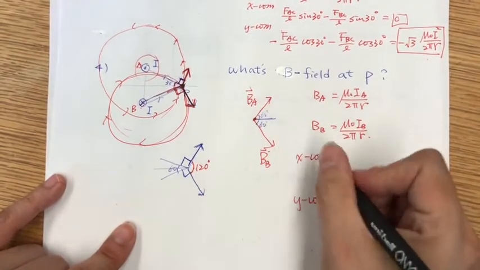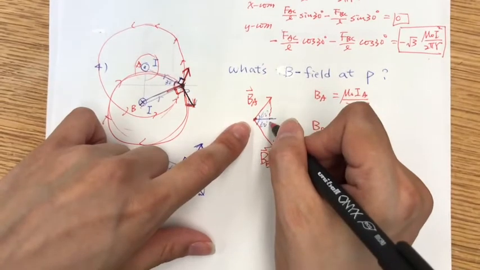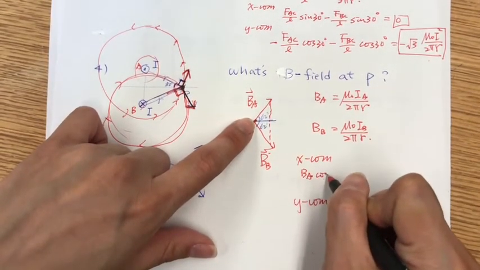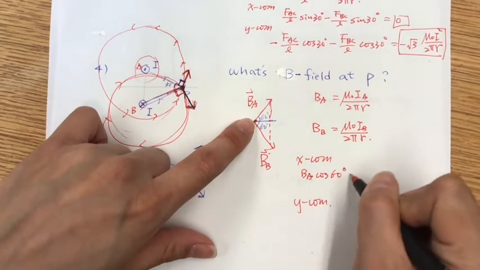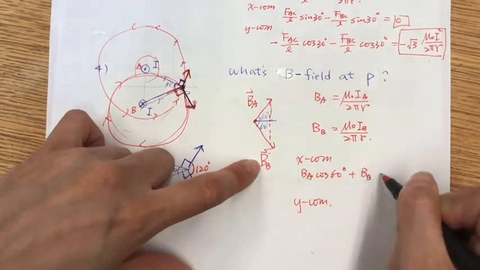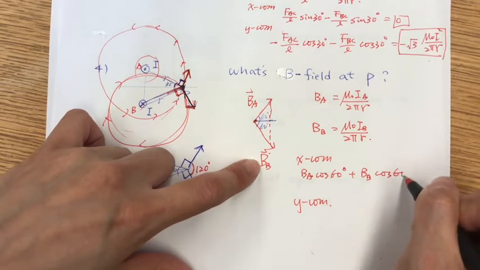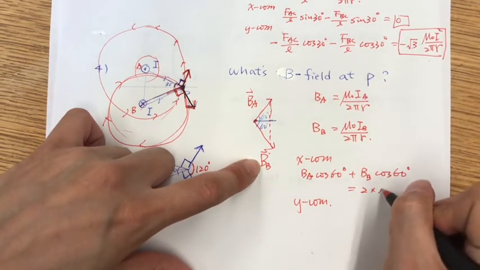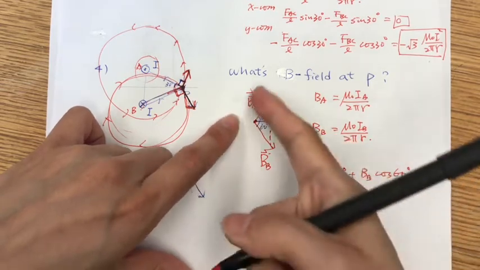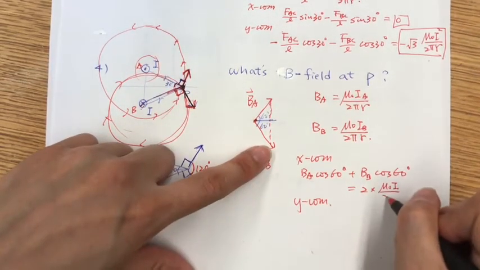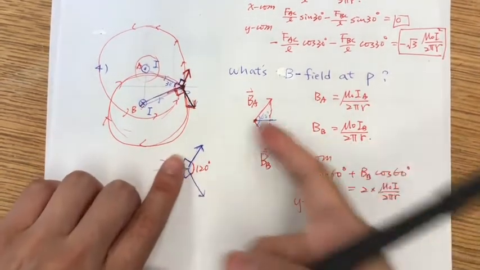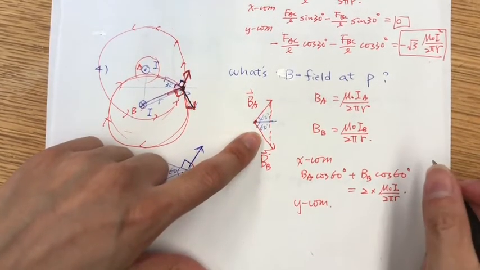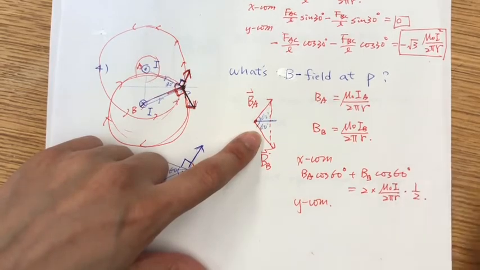In the x component, we have BA cosine 60 plus BB cosine 60, which is 2 times mu naught I, where IA and IB are the same current, over 2 pi r because they share the same radius. Cosine 60 would be 1/2. Okay, so that's it.